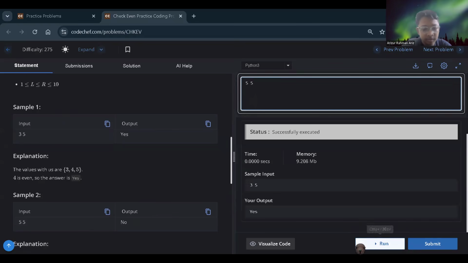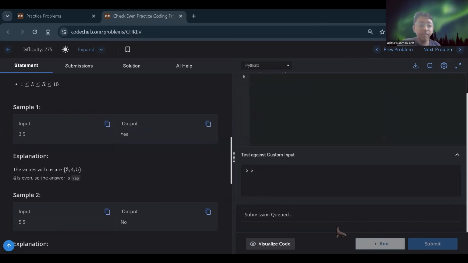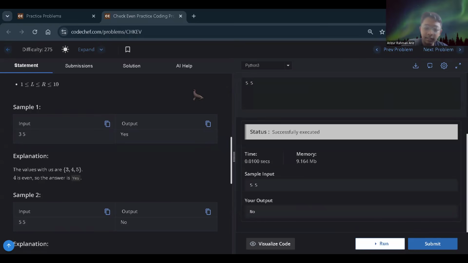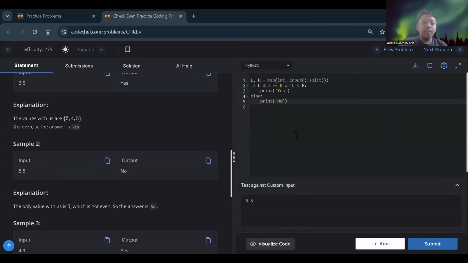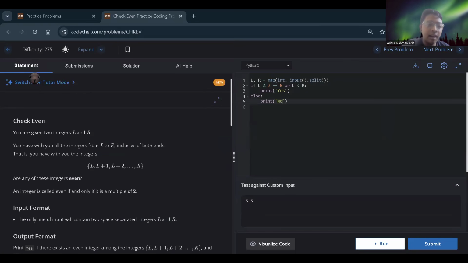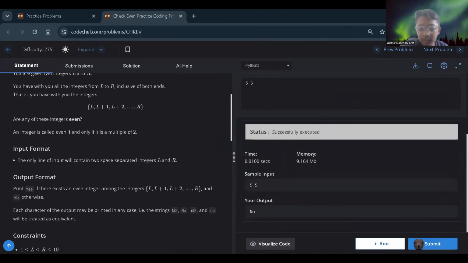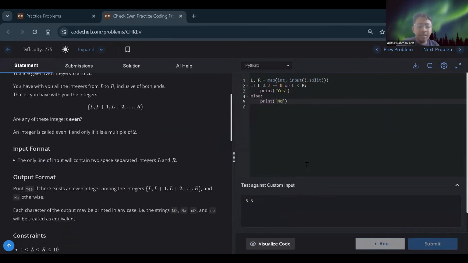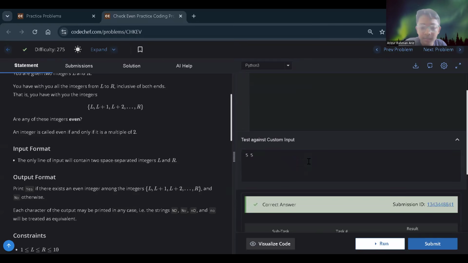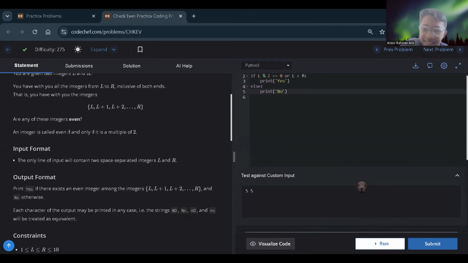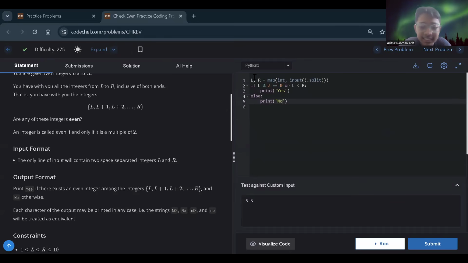Actually, I cannot believe I solved this, because new problems are usually hard, and at the difficulty of 275, I didn't expect to get the solution this easily. Okay, but still we haven't submitted, so we cannot tell. Yes, correct answer. I'm so happy.